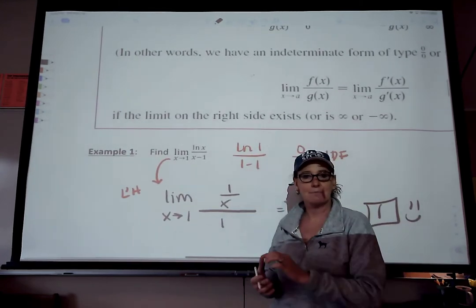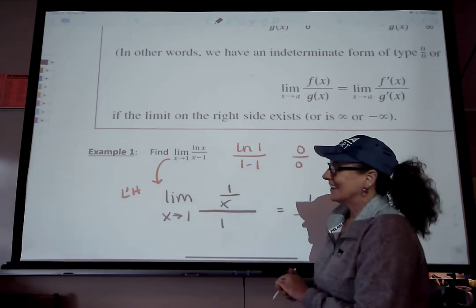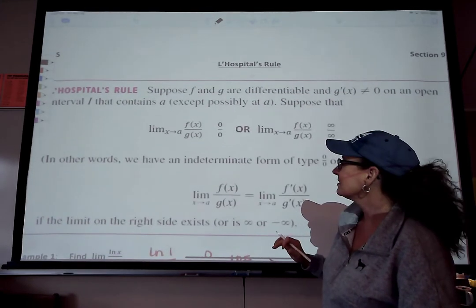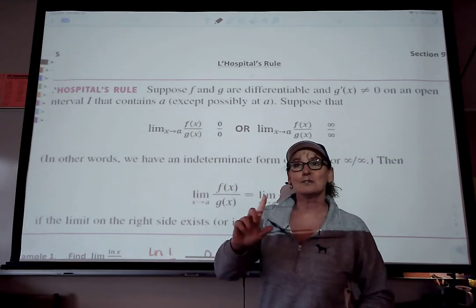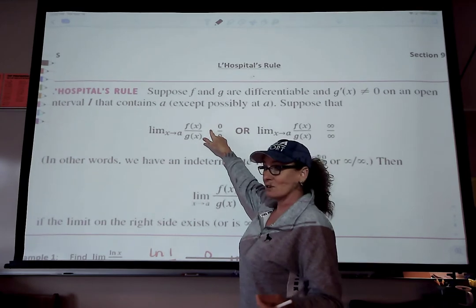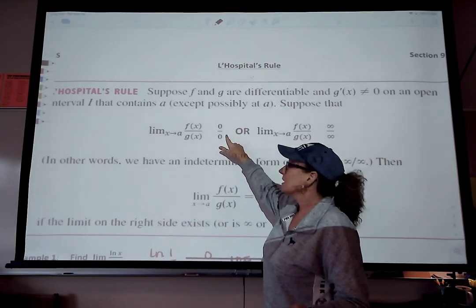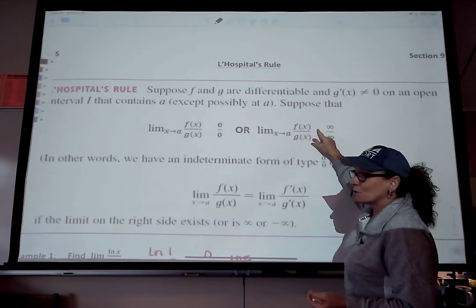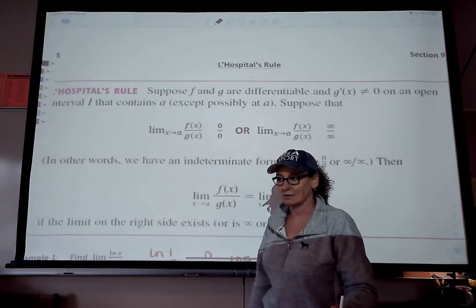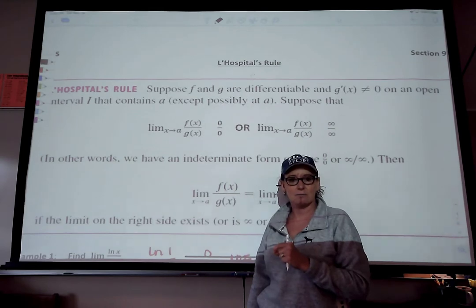Here's what I learned. In all of my little definition boxes, I said you can use L'Hopital's rule if the limit of this over this equals 0 over 0. If the limit of this over this equals infinity over infinity. Turns out we're not allowed to say that it equals 0 over 0.